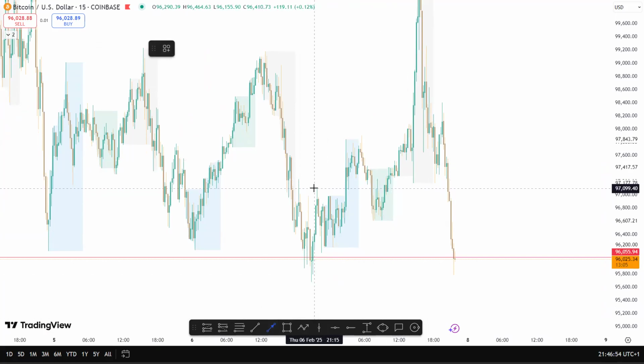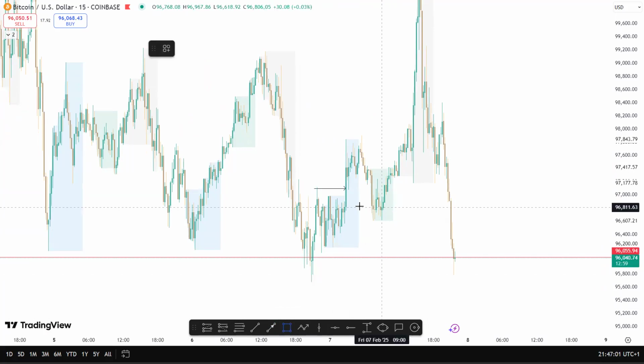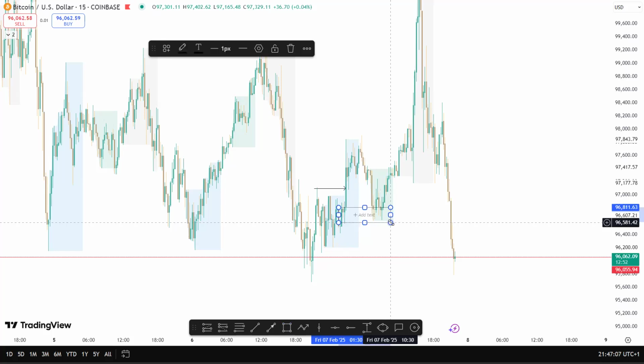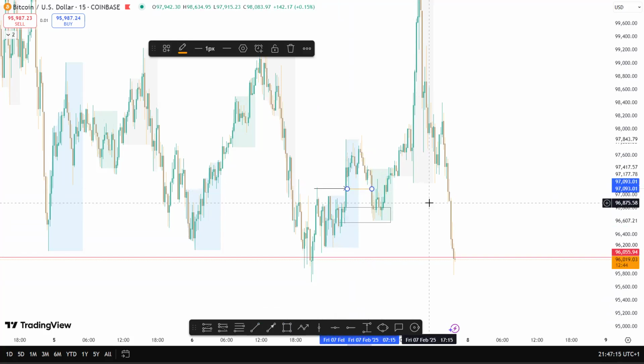This high. And this is the break of structure. This is the order block. I use the body of this order block. This is my inducement. So this is just all my confluences making sense to me.